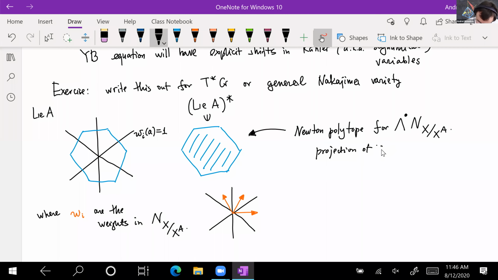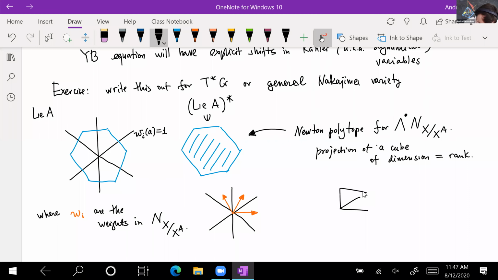So it's a projection of a cube of dimension equal to the rank.